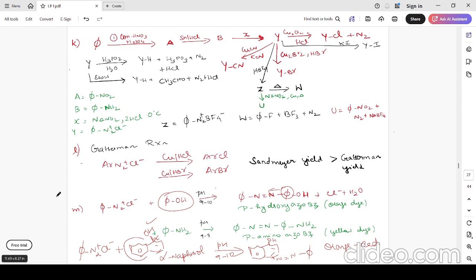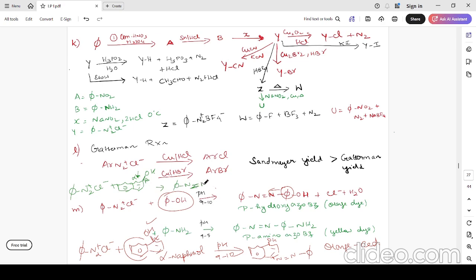What will happen if I do it with beta naphthol? N2+ Cl-, having benzene. Here the OH is at this position. This is alpha, this is beta. Now where will this HCl get removed? This position is quite available here. So what happens? At that position the reaction happens.